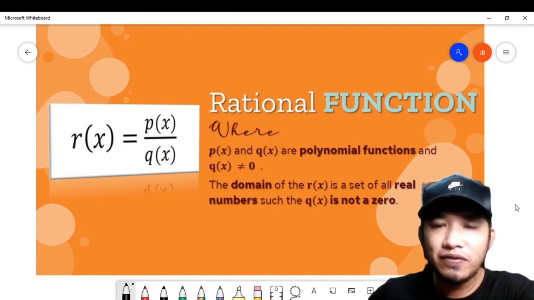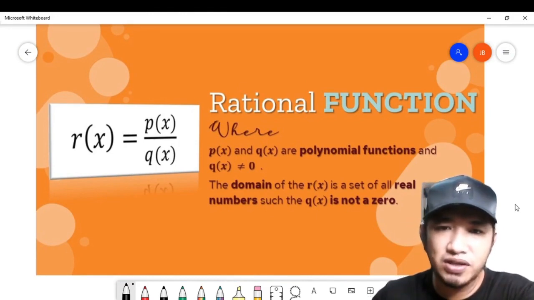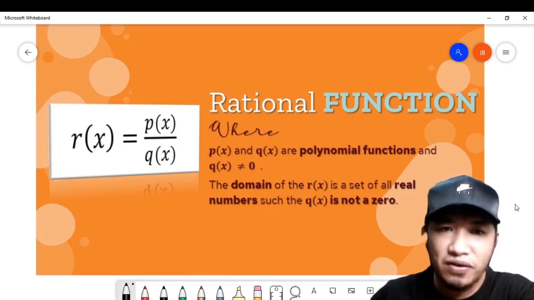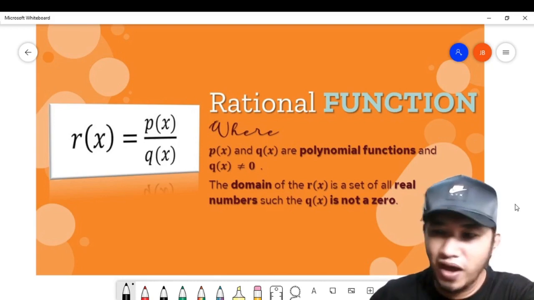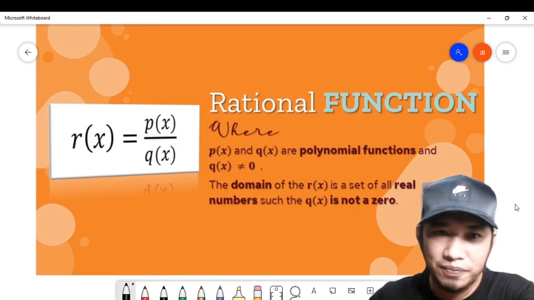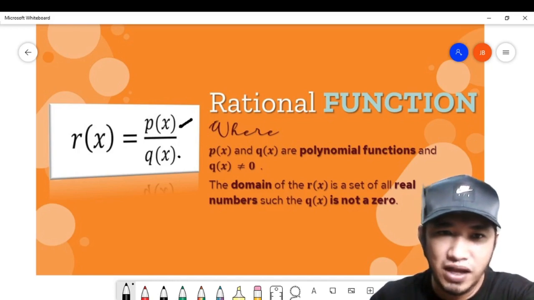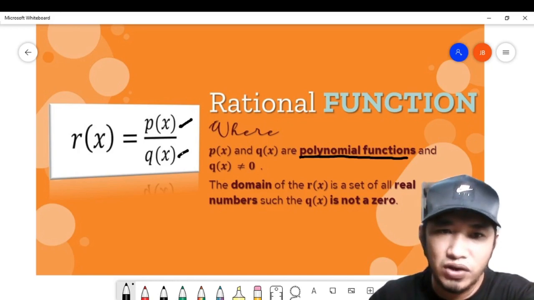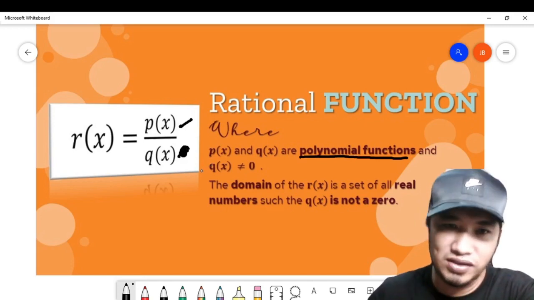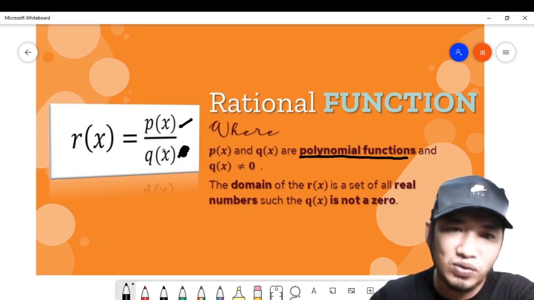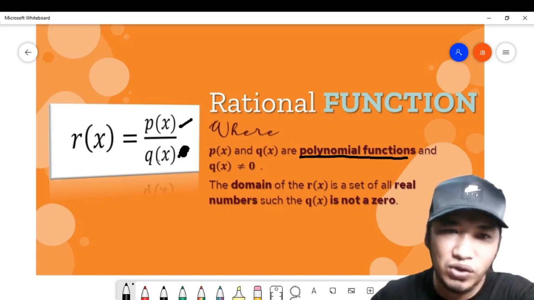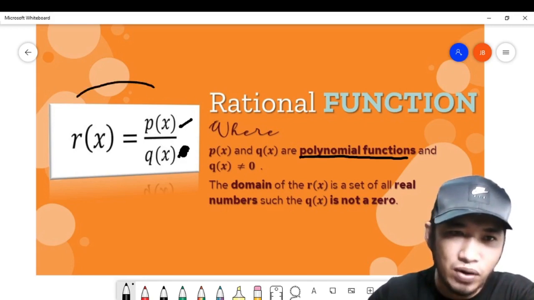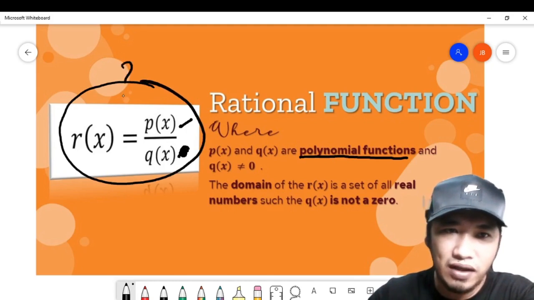Let's have the definition of the rational function. A rational function is in the form r of x is equal to p of x all over q of x, wherein p of x and q of x are polynomial functions. And q of x must not be equal to 0. Because if our denominator q of x becomes 0, our whole function becomes undefined.